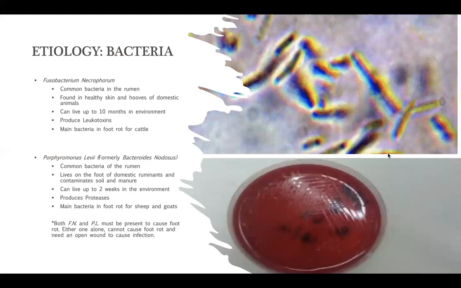And there are other bacteria found when we sample foot rot, one of them being Staphylococcus and Escherichia coli and Arcanobacterium pyogenes. Again, those do not cause foot rot, but they are a common bacteria when we take samples of foot rot.